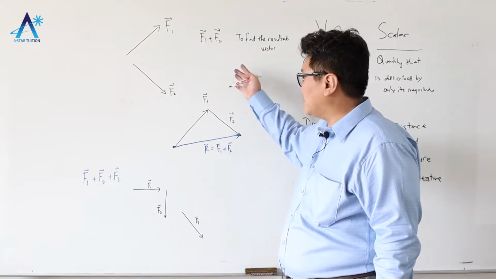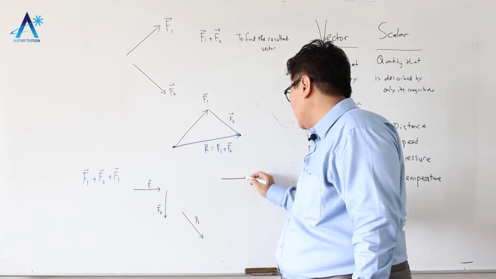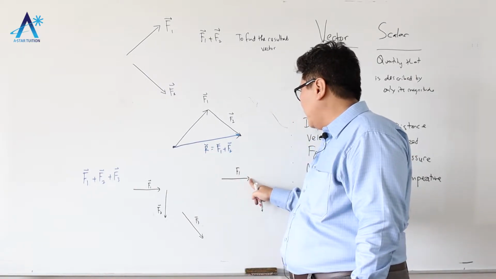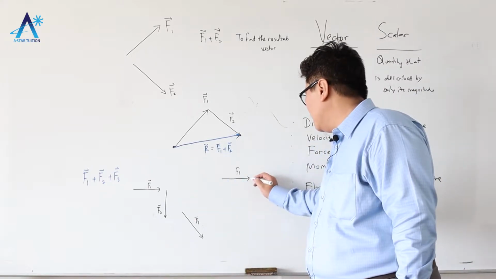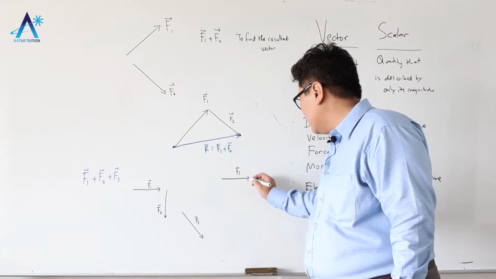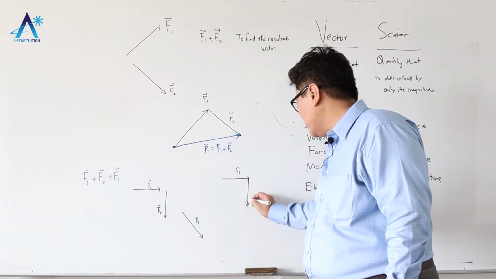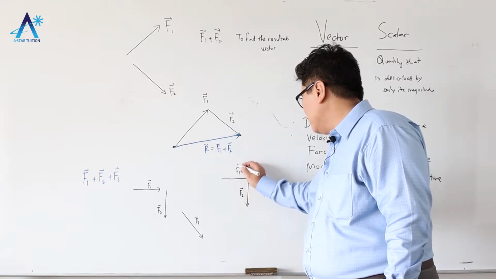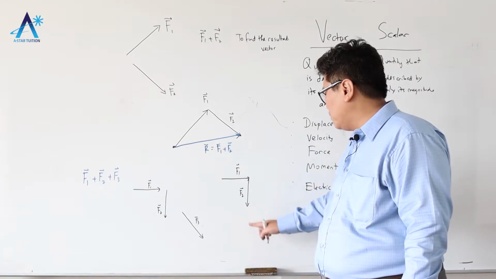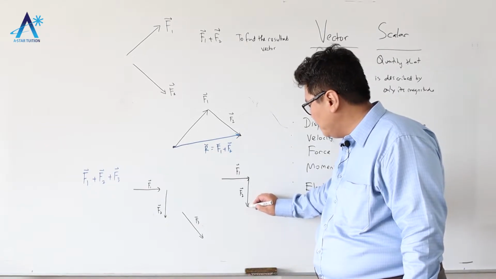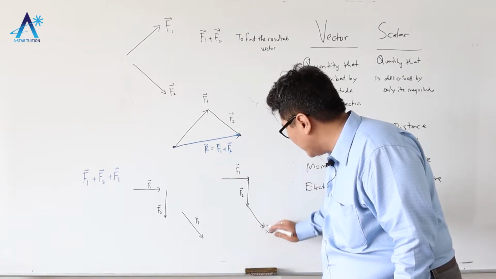By repeating the method from earlier, first you draw the first vector, which is F1, and then on the tip of F1 you draw the tail of F2, right on the point. Okay, so this is F2. Then on the tip of F2 you draw the tail of F3, like this. So more or less like this.